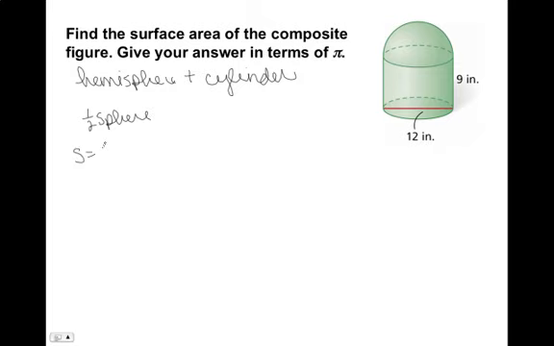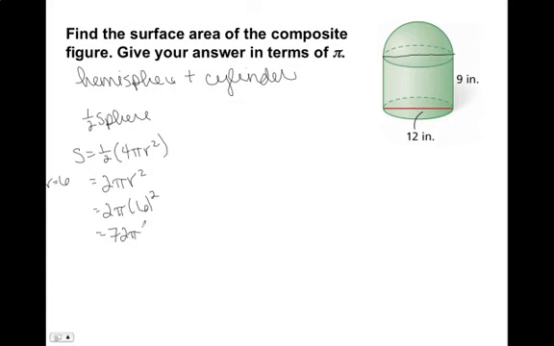So we have 1/2 times 4 pi r squared. We can simplify this to 2 pi r squared. Our radius is 6 inches since our diameter is 12, because if it's 12 here, it's got to be 12 here. So we have 72 pi for the hemisphere.